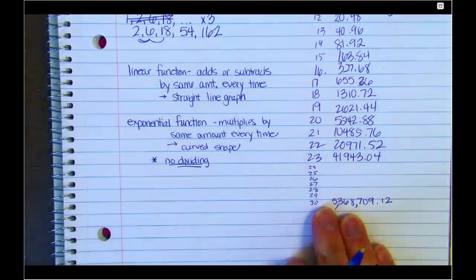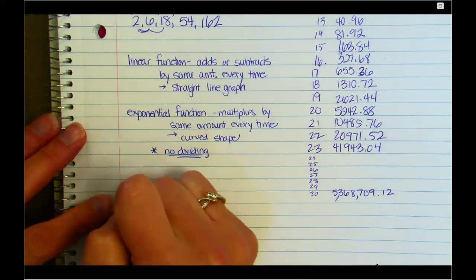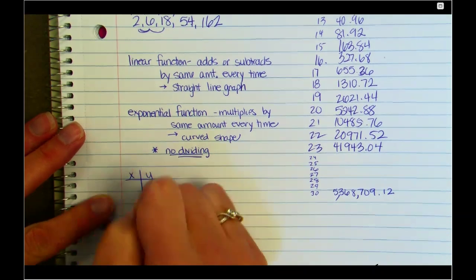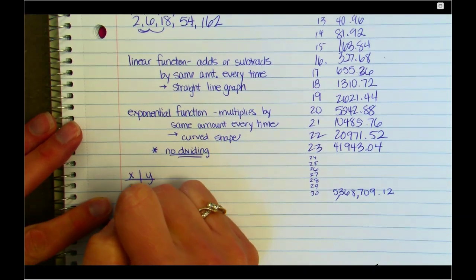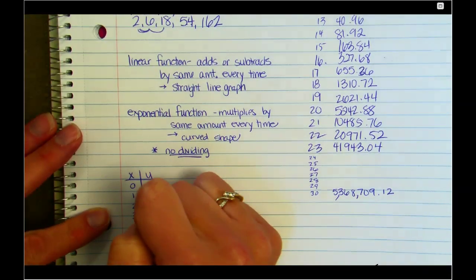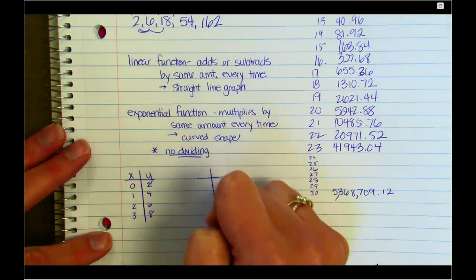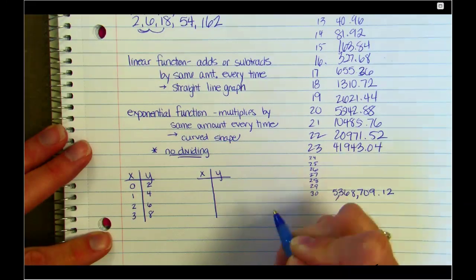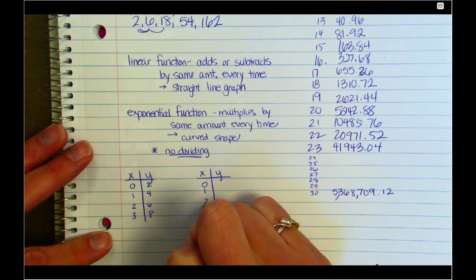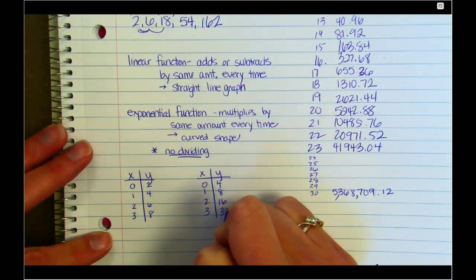So here's what we're going to do. Let's say we have this table here. Or switch our tables in this direction. They're easier to write. X: 0, 1, 2, 3, Y: 2, 4, 6, 8. And then X and Y: 0, 1, 2, 3, 4, 8, 16, 32.